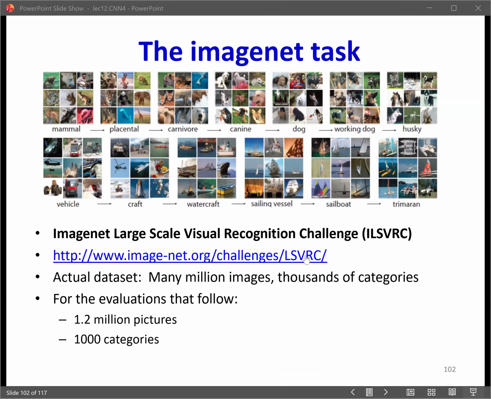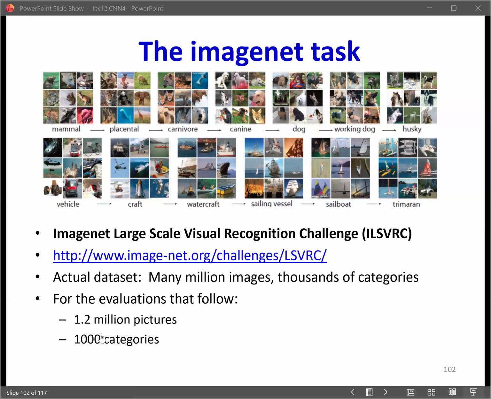Now, LeNet happened in the late 80s, and then things didn't move a lot for a very long time till 2012, when Hinton and co. showed that ConvNets are really good at image classification. There's this classic challenge called ImageNet, the large-scale visual recognition challenge, where the actual data set had millions of images and thousands of categories.